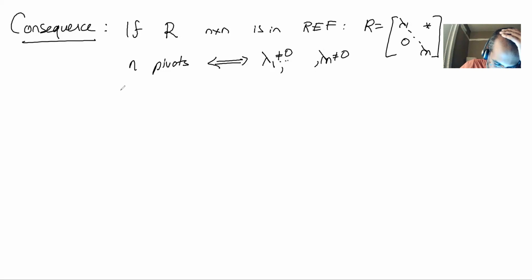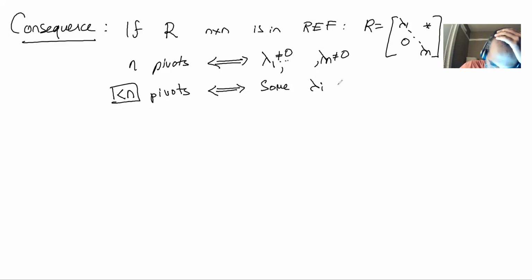On the other hand, if it has strictly less than n pivots, then one of those is going to be 0, right? Otherwise, you would have n pivots. These diagonal entries, if they're not pivots, they're 0 in row echelon form. A pivot is a leading non-zero entry.